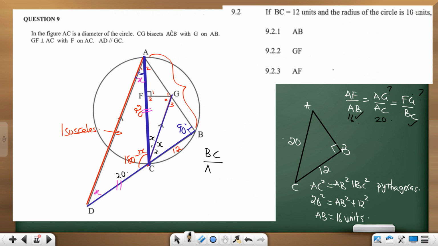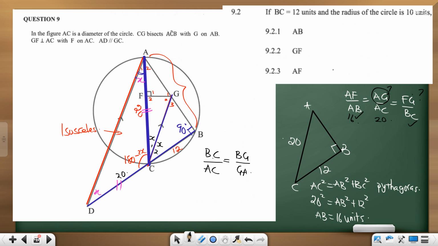BC over what? AC equals to what? BG over what? GA. That's why I'm saying that if I look at this combination, the only thing stopping me now is what? If I can, then I can cross multiply. And so let's see. Is AG possible to get?